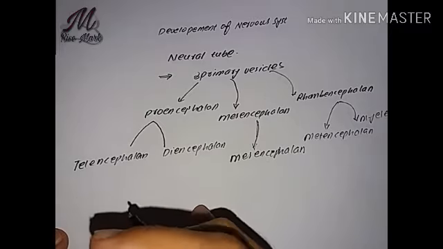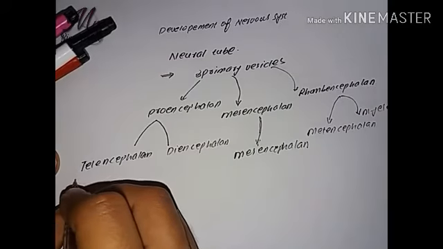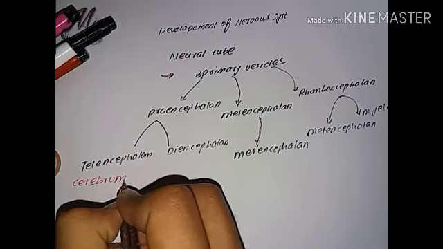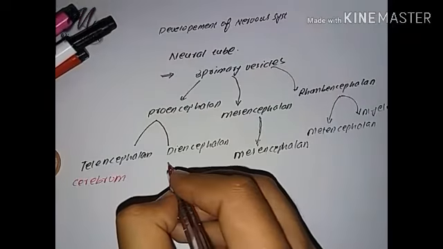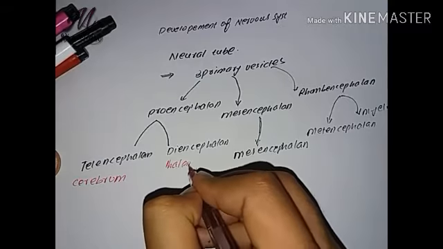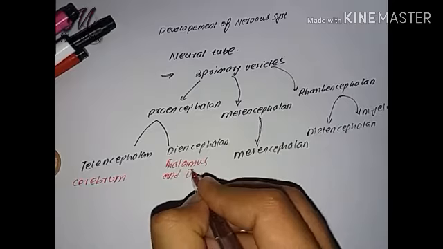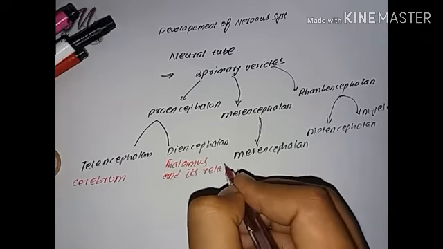So after that, what really happens? The telencephalon is the future cerebrum, and the diencephalon gives us the thalamus and its related structures.